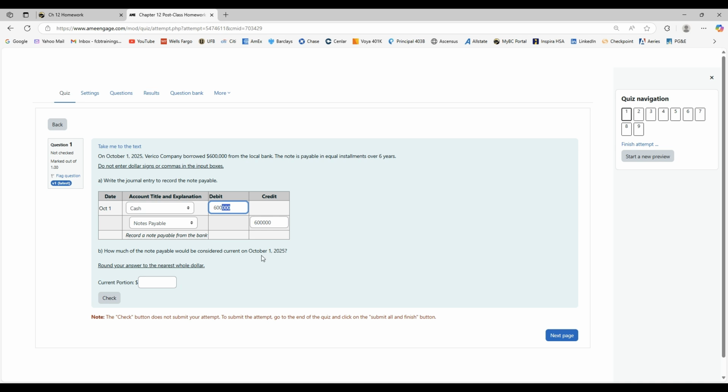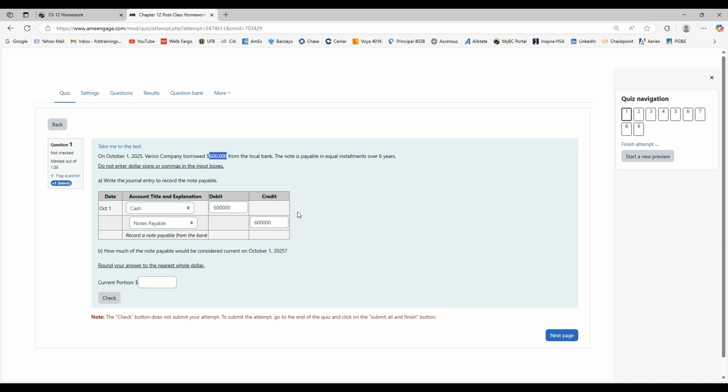Okay, and how much of the note would be considered current on October 1st, 2025? So right away, when you take the note out, and really at any point, because it's 6 equal installments, 6 installments would be 100,000 each, dividing 600,000 by 6. And so the current portion is the portion that's going to be paid within 12 months.